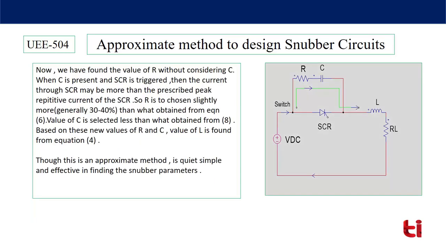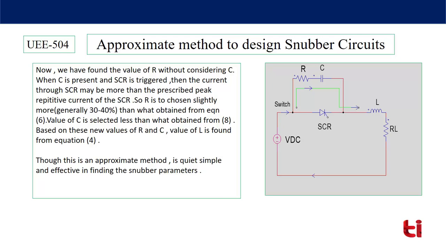Now here you can say that once the capacitor is there in the system, then after applying a gate pulse across the SCR, two currents will flow through the SCR. First current is VDC, SCR, L, RL back to VDC, and the second current is the discharging current of the capacitor, C, R, SCR back to C. So the current through the SCR is now more than whatever we have considered in equation number 4 and 6.